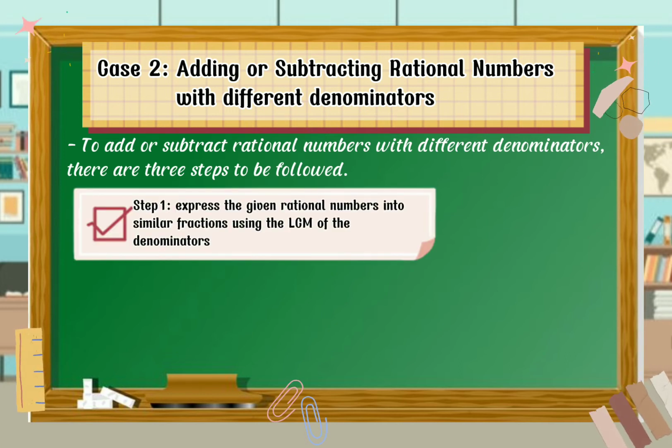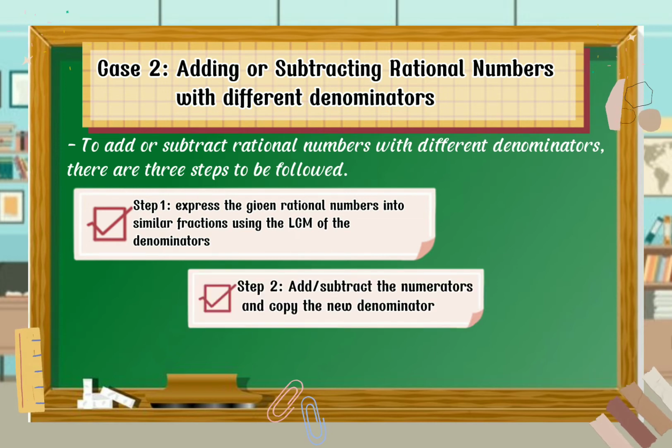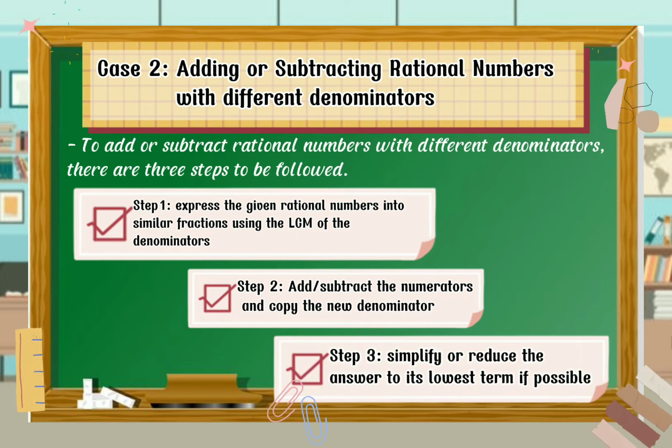Express the given rational numbers into similar fractions using the LCM of the denominators. Step 2. Add or subtract the numerators and copy the new denominator. Step 3. Simplify or reduce the answer to its lowest term if possible.